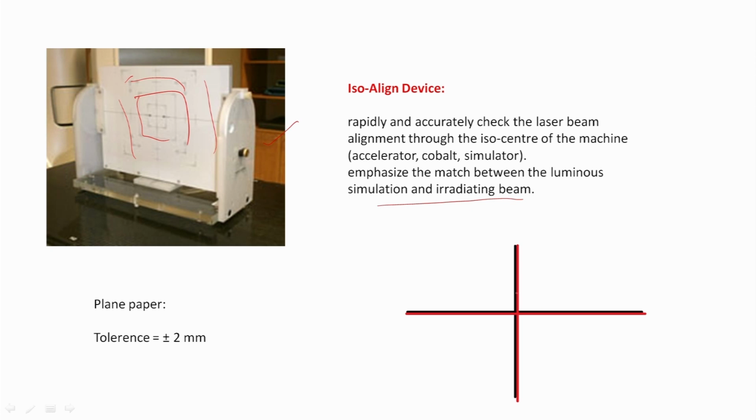You can see that there is not a complete overlap, which you can visually see on the plain paper. You have to place the paper at the ISO center. If it is not completely overlapping, the overlap should be within 2 mm. If the overlap is within 2 mm, then it is okay and you can go ahead with your treatment. But if the overlap is more than 2 mm, you need to correct this by calling your service engineer.